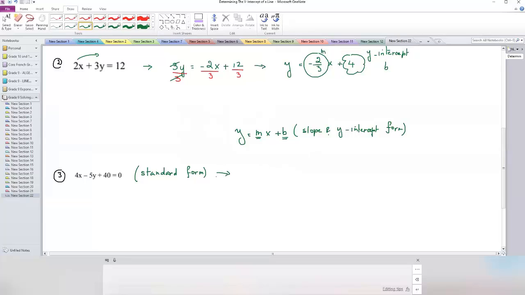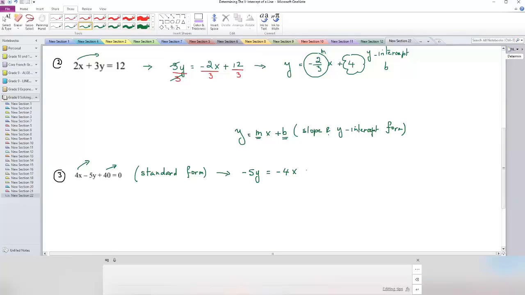Again, I need to have y on one side and isolate the y from everything. So here, from this equation, I have negative 5y, and I'm going to ask the 4x and the 40 to go to the other side, and don't forget to change the sign. The 4x was positive, in this case it's going to be negative 4x.